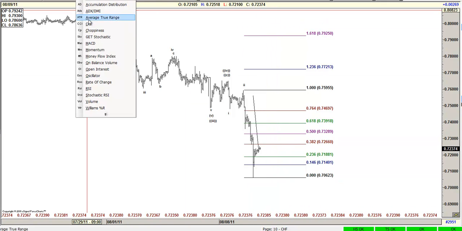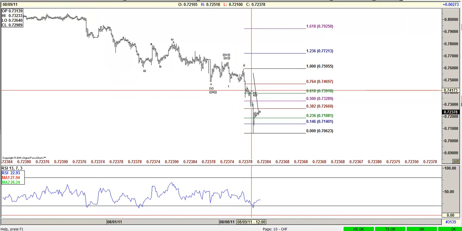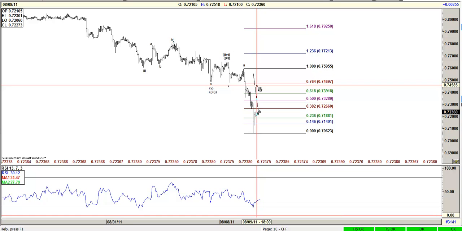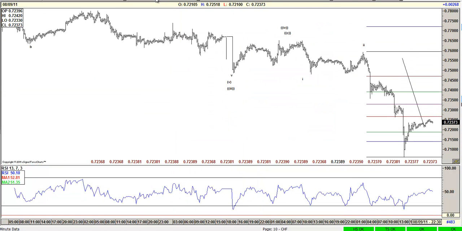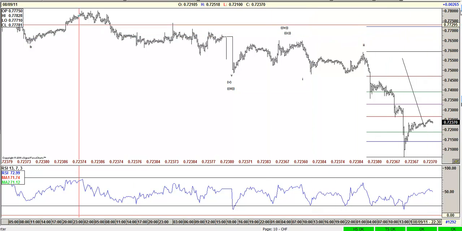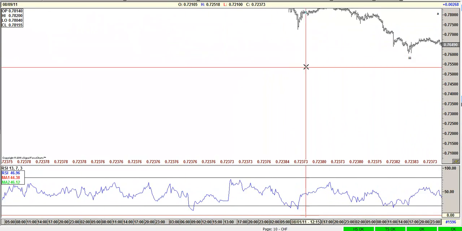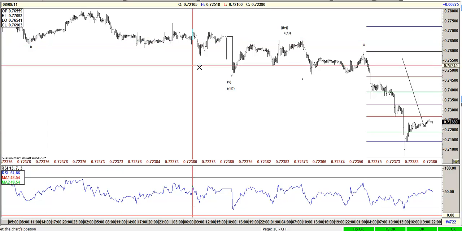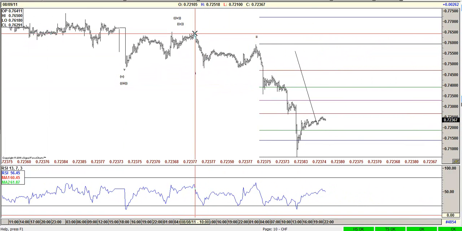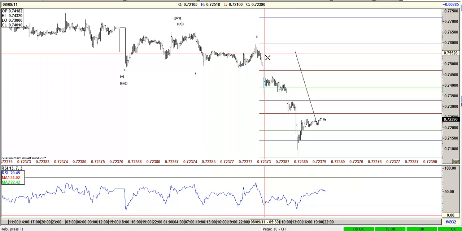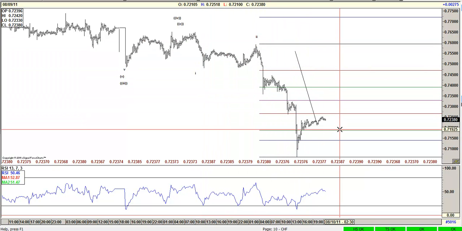If we take a look at the RSI, there is no divergence in that move yet, so it's very likely. And if we take a look at a reduced cycle on the 15-minute chart, the move that started here, 1, 2, a 3, and we don't have a 5.